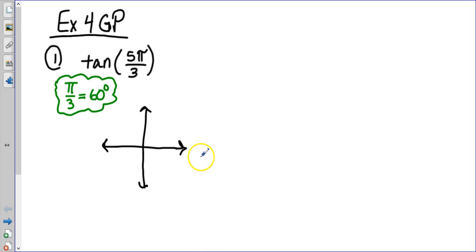Now, the fact that I'm counting by thirds, I want to ask myself, what are my axes values? So here, if I was counting in thirds, the question is, what divided by 3 equals 2? And that would be 6 pi. So I know if I go all the way around, I would get to 6 pi, but I don't want to go all the way around because it's 5 pi over 3.